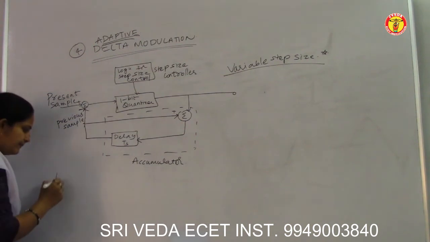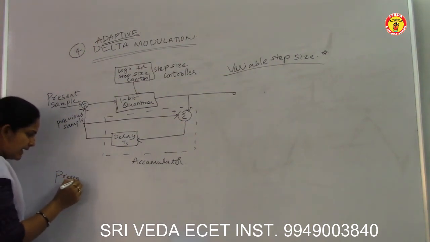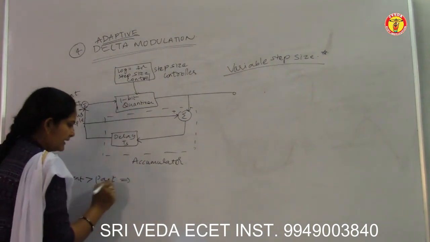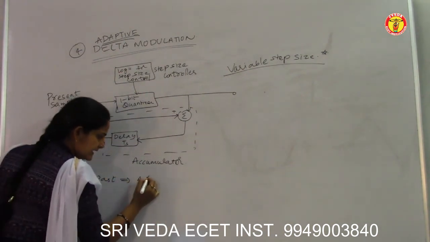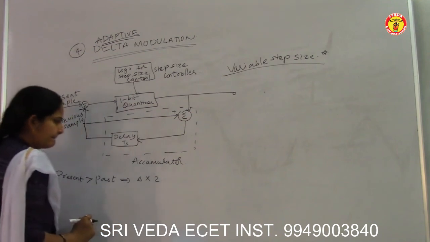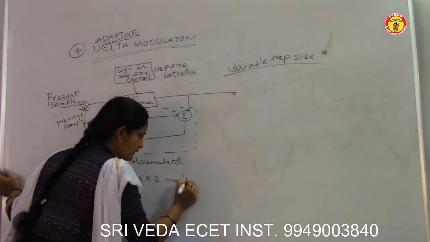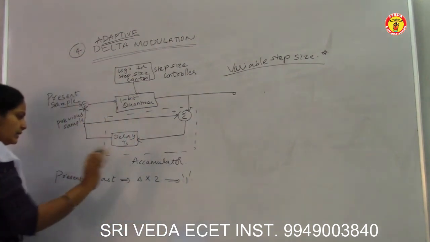When the present sample value is greater than the previous one, then the step size is doubled up, and this will send 1 only. Finally, repeat 1.